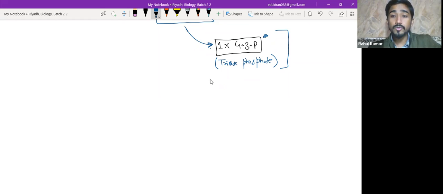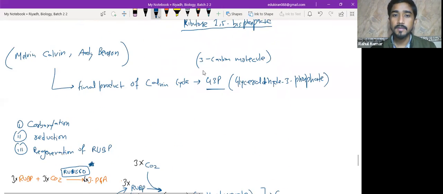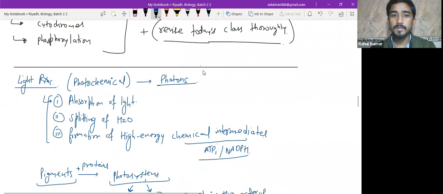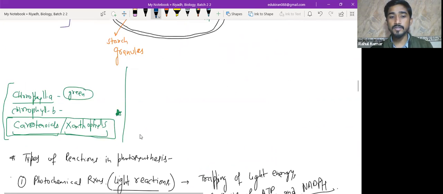Remember when I taught you about the structure of the chloroplast, what big granules it had in the chloroplast? Starch granules. Remember? Should I just go up? Where was it? This one. Can you see, here are starch granules?